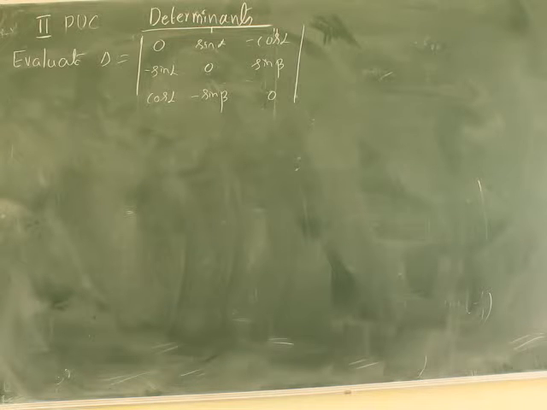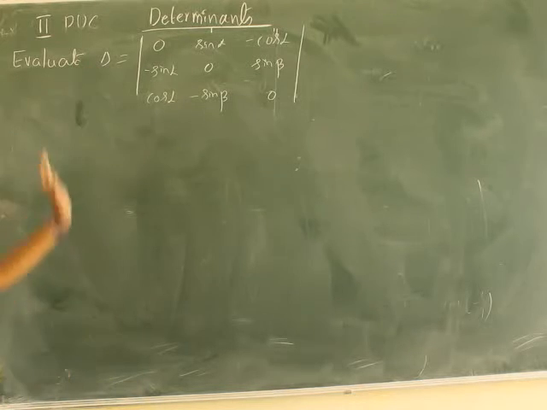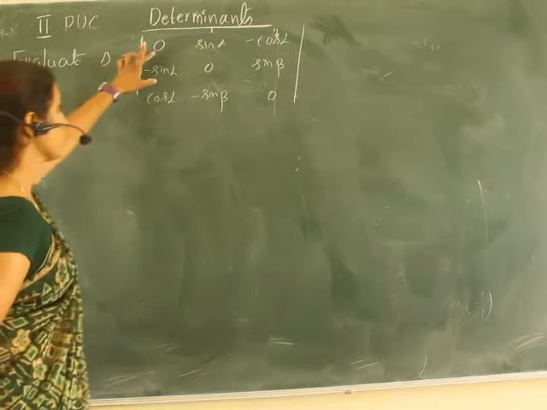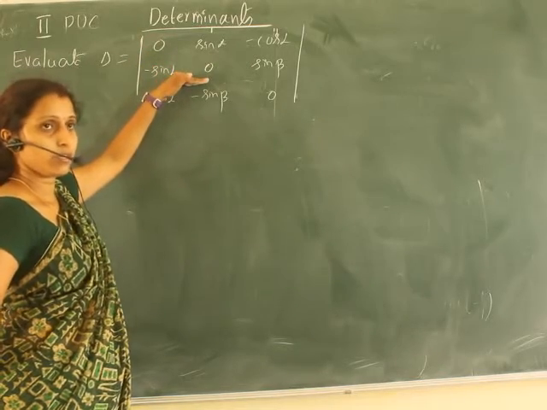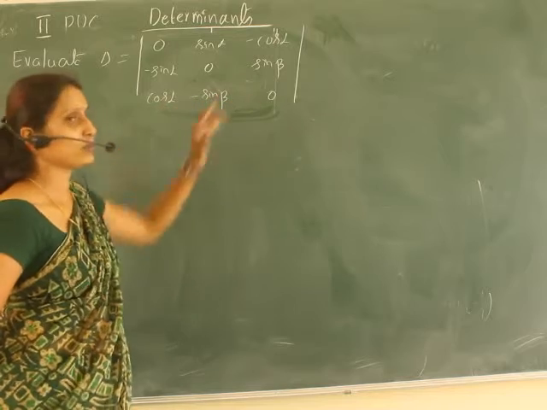Now we have to evaluate delta, means delta also determinant of A, delta or det A. We can write in many ways. So this is also one more way of representing determinant. So delta is equal to, now we have to expand either along R1, because it contains 0, or along R2, which also contains 0, or along R3, that also contains 0.